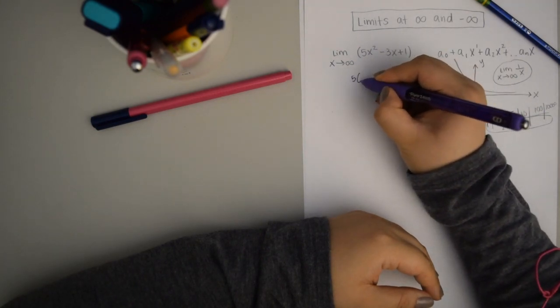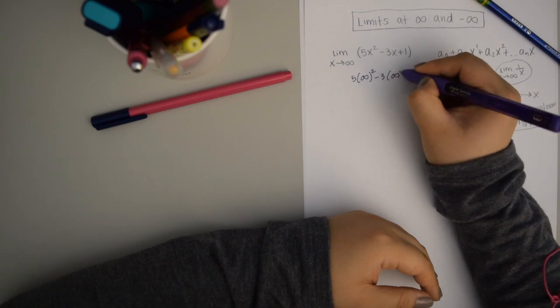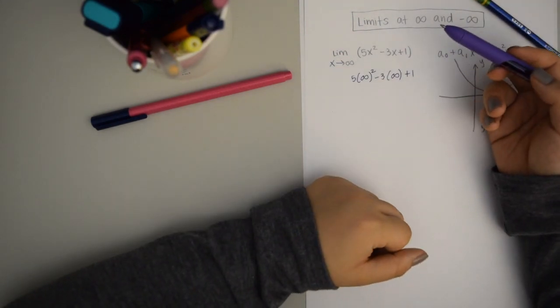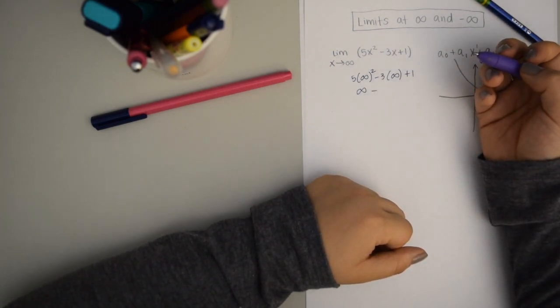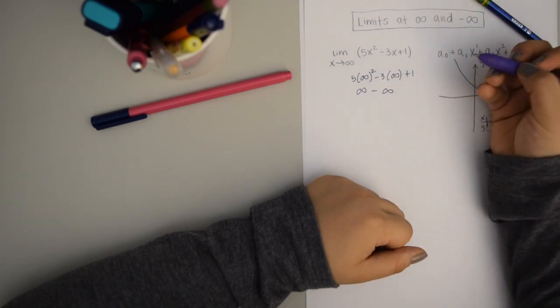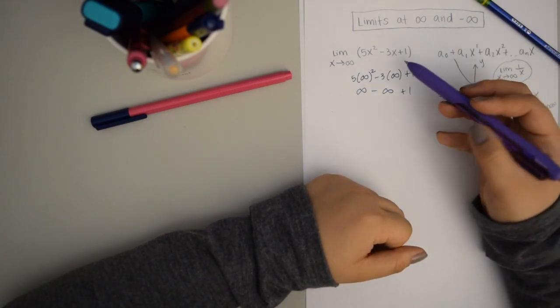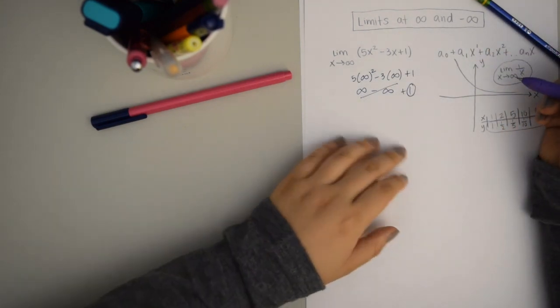So 5 times infinity squared minus 3 times infinity plus 1. Oh, something really big squared must be something really, really big. So this is infinity minus 3 times infinity, which is really big, plus 1. Oh, okay, so something really big minus something really big, this must be 0. So the limit is 1.